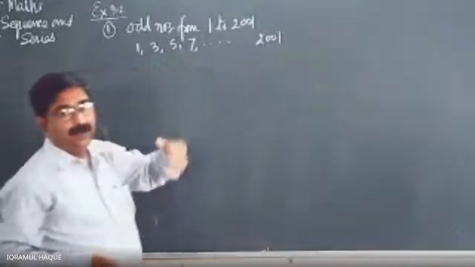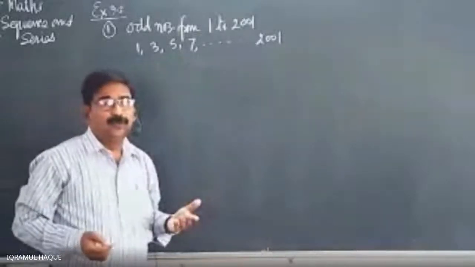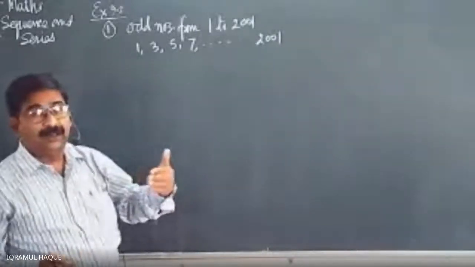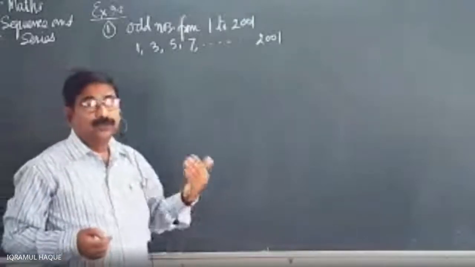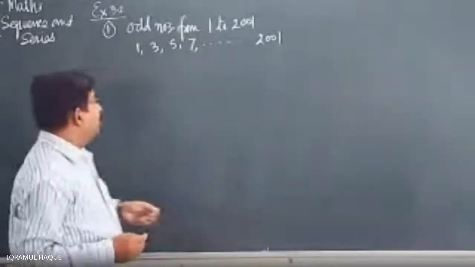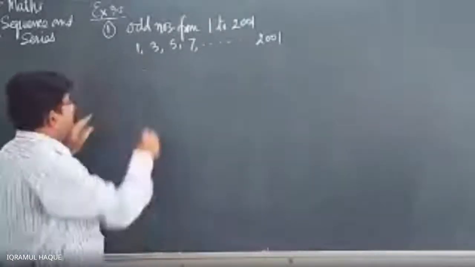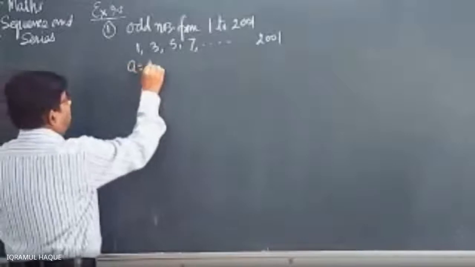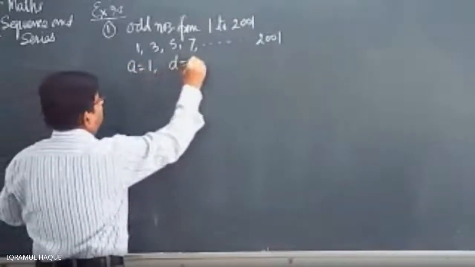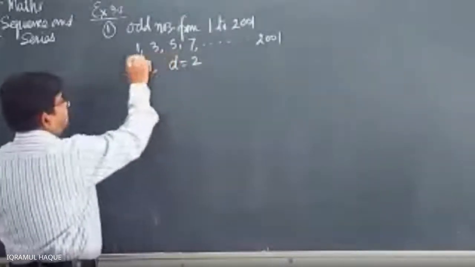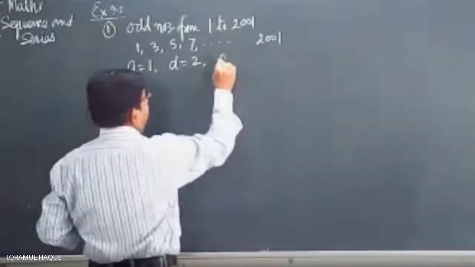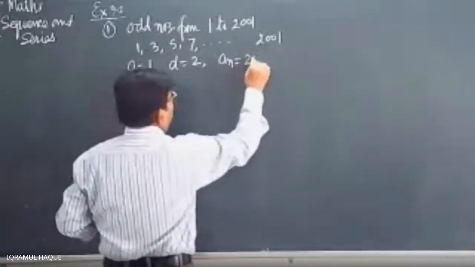Odd numbers are in AP, like 1, 3, 5, 7, all are at the gap of 2. So the common difference is 2. So here the first term A is equal to 1, d is equal to 2, 3 minus 1 is 2, and the last term An is equal to 2001.